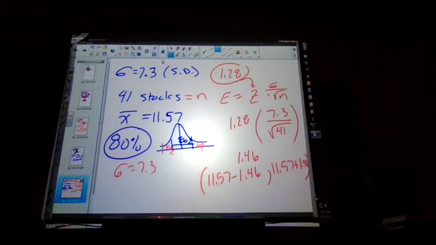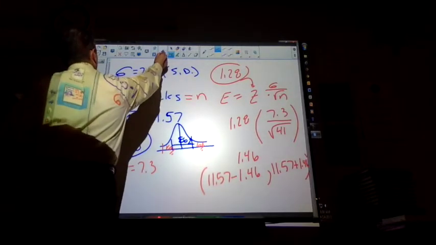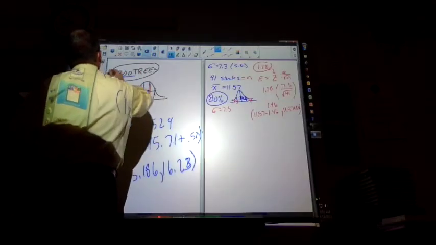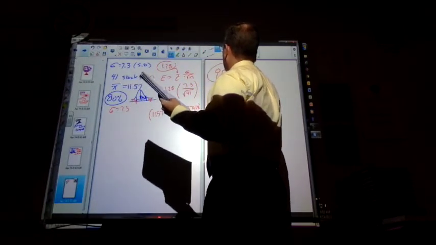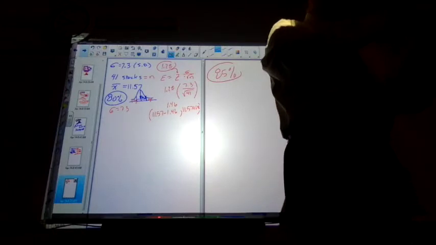He's a good guy, though. Real good guy. Okay. For problem number two, part B, they're talking about an 85% confidence interval. On the page before, do I have an 85% confidence?